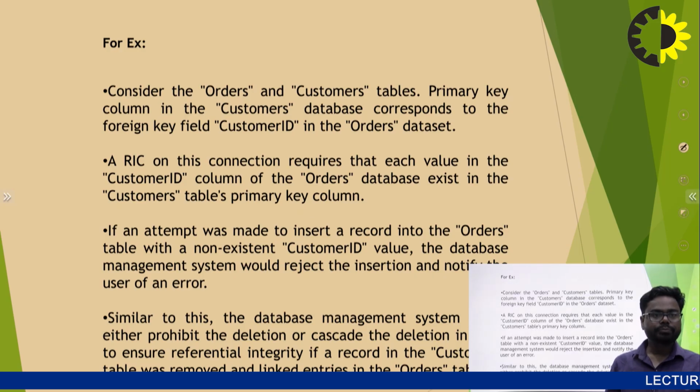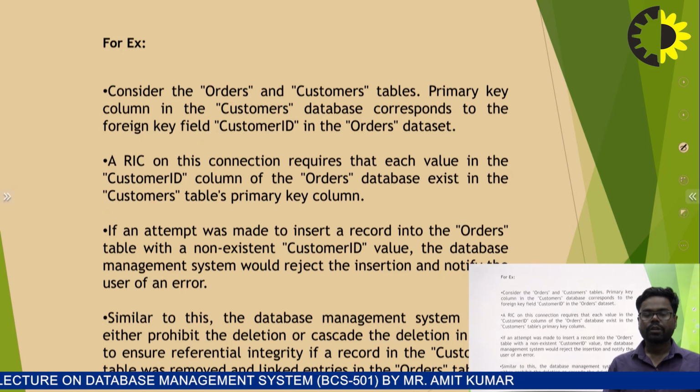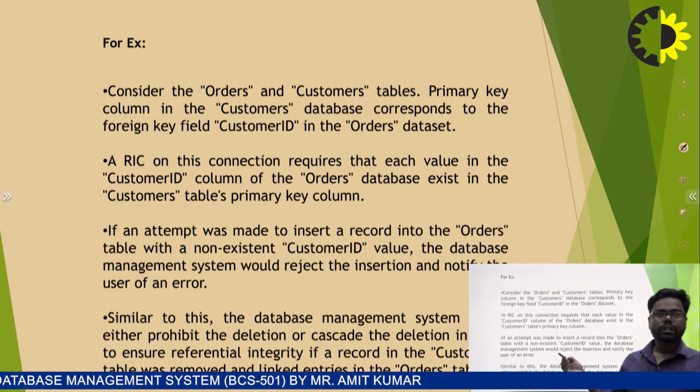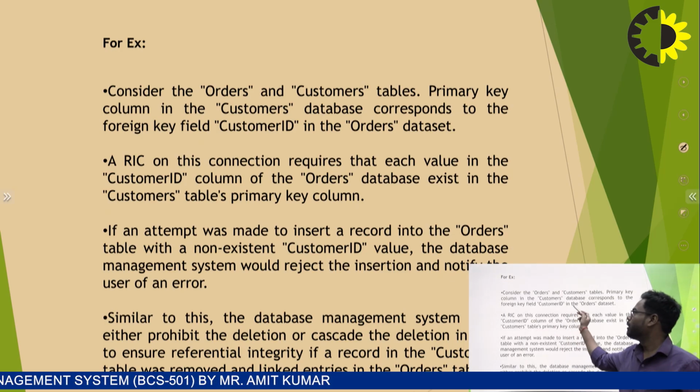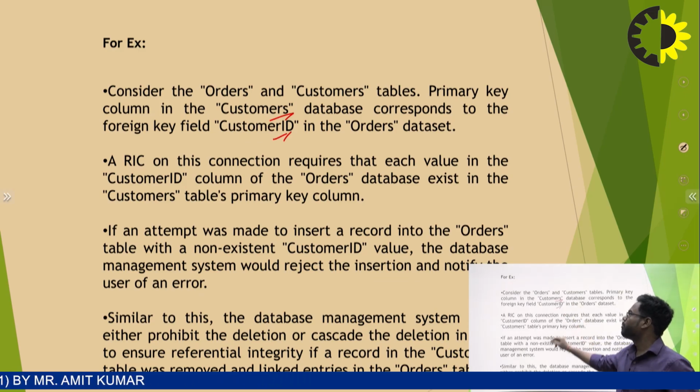For example, as I have taken the example, consider the order table and the customer table. The primary key column in the customer table corresponds to the foreign key customer ID in the order table. Okay, means the customer ID from the customer table and the customer ID from the order table.